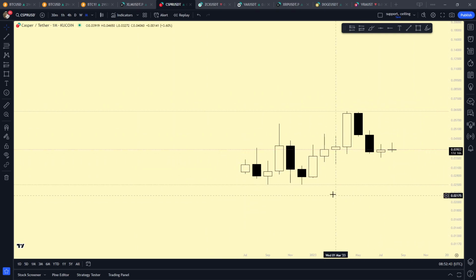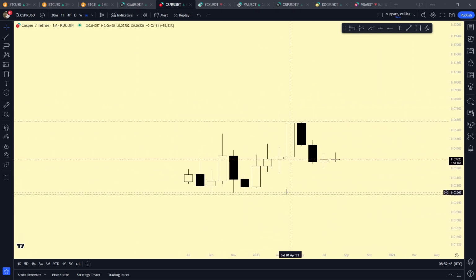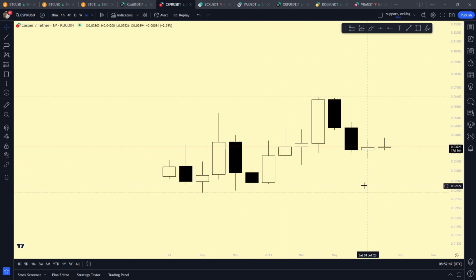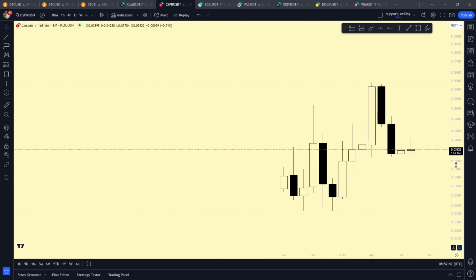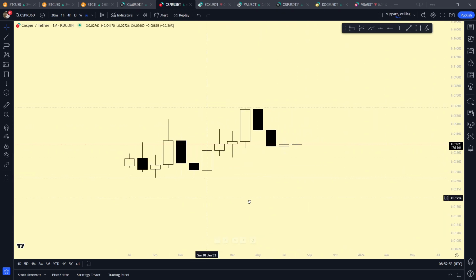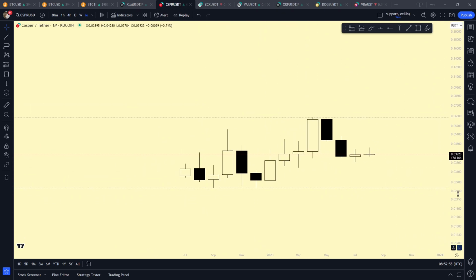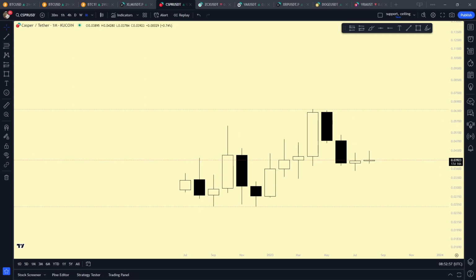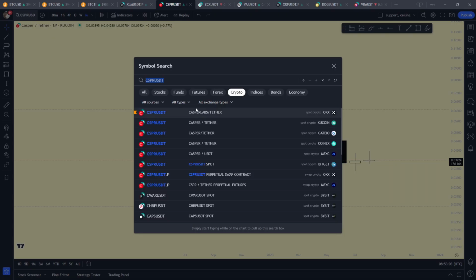So this is actually Casper on the monthly time frame of Qcoin, which I recommend actually to always look on the exchange, like use TradingView and go to Casper USDT on the exchange that you are on.